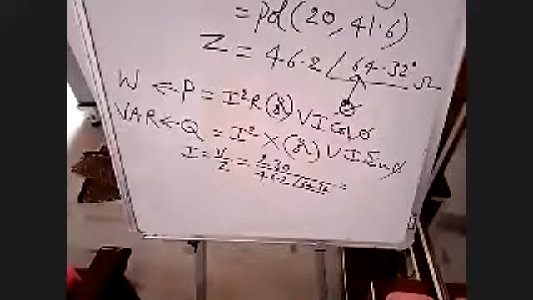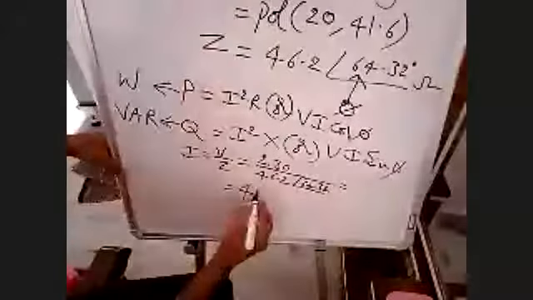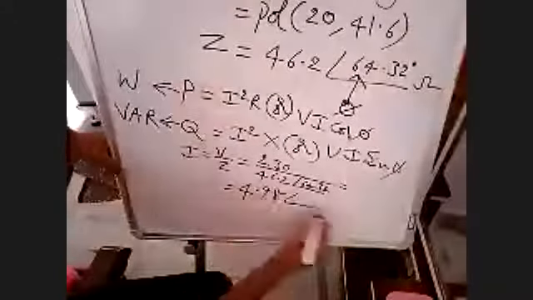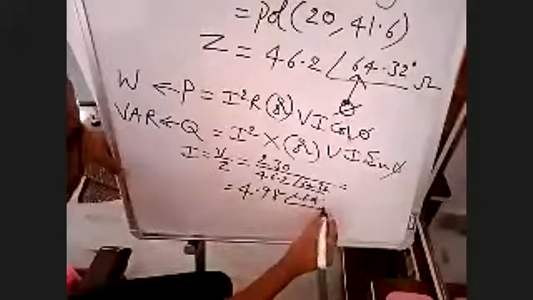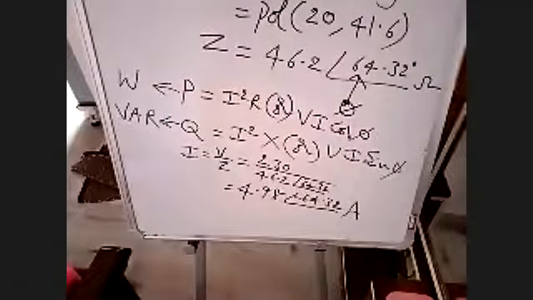Now tell me what is the value of 230 by 46.2? 4.97. In your textbook, they are giving it as 4.98 at an angle of minus 64.32.